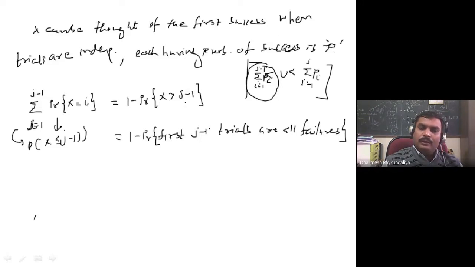It means all j minus 1 trials you perform, you get failures. And what is the probability of failures? It is q for each trial, and because all trials are independent, it is q raised to j minus 1, where j is greater than or equal to 1.